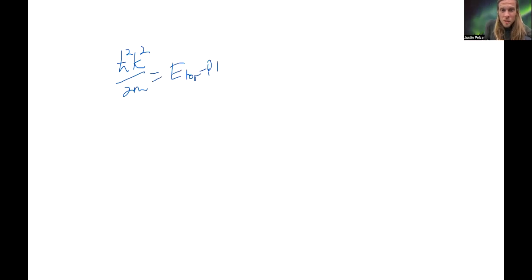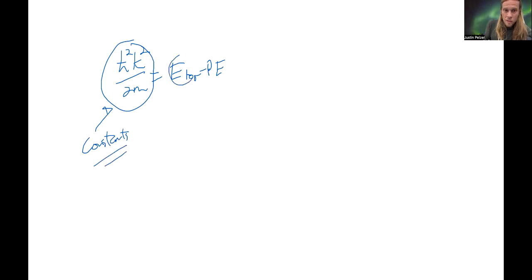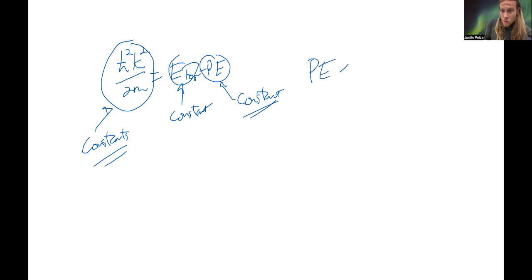What is potential energy? What is E total? But all of these are constants. And this is a constant. So therefore, this is a constant. So PE is a constant and less than E total.